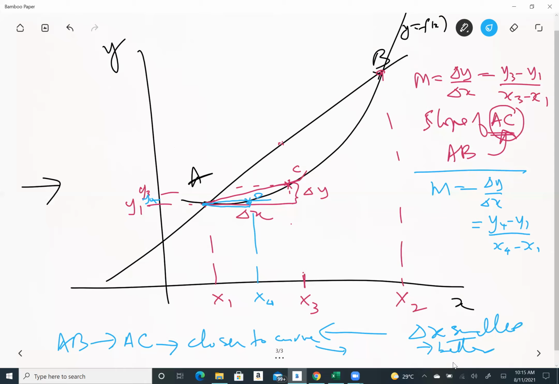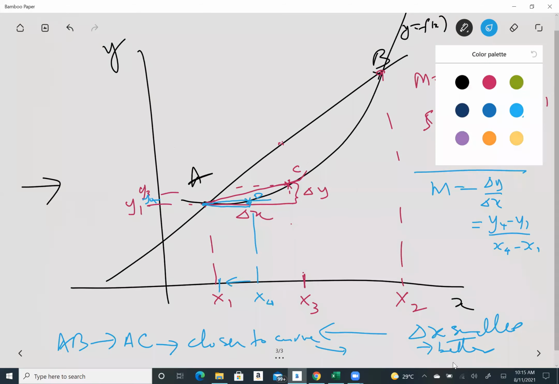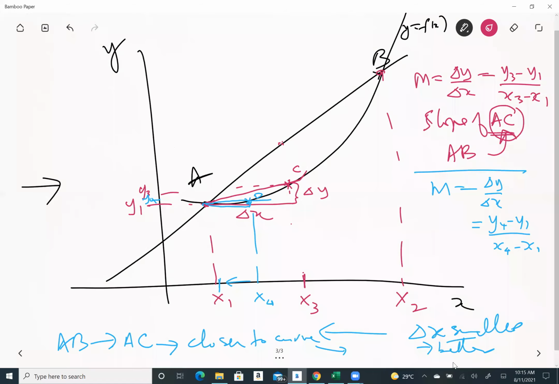So what we do, we will continue to make it smaller and smaller until it becomes very, very small. So what we end up with is the following. We will end up with the slope of the straight line just tangent to the curve at that point A. So that will be the straight line.